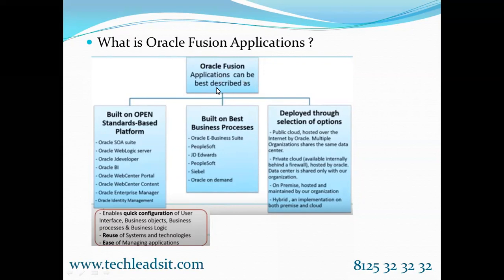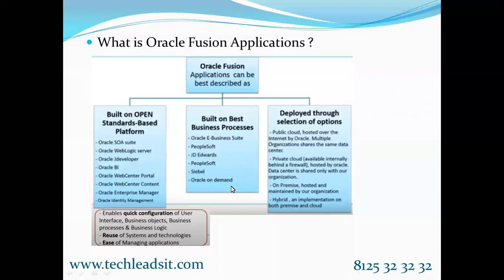A Fusion application is described as built on best business processes and built on open standards-based platforms. Whatever applications Oracle has, like Oracle E-Business Suite, which is a proprietary application for us, right? We are very familiar with the EBS application, and similarly we have PeopleSoft, JD Edwards, Siebel, and Oracle On Demand.